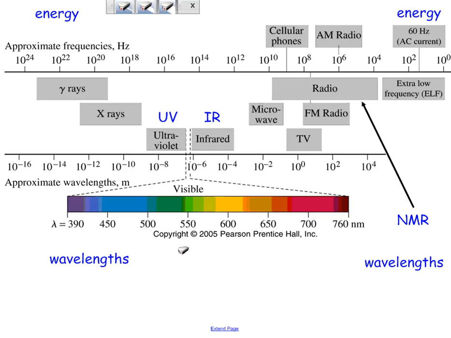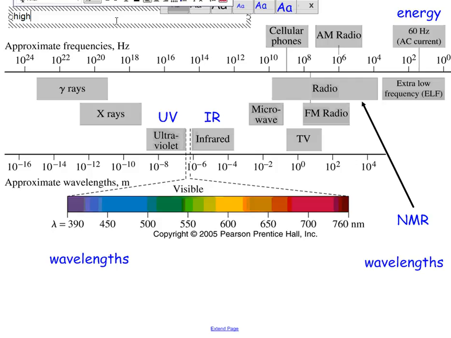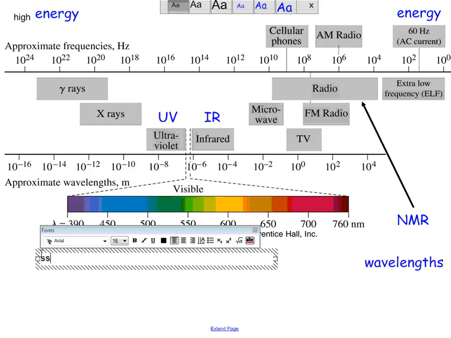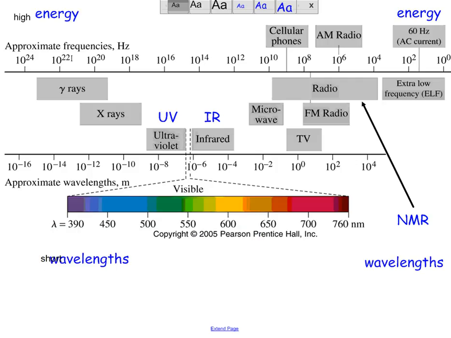All right, hopefully you have seen this chart somewhere before. High energy corresponds to short wavelength. Things like X-rays and gamma rays are very high in energy, very short wavelengths. Ultraviolet and visible are often in the nanoscale.